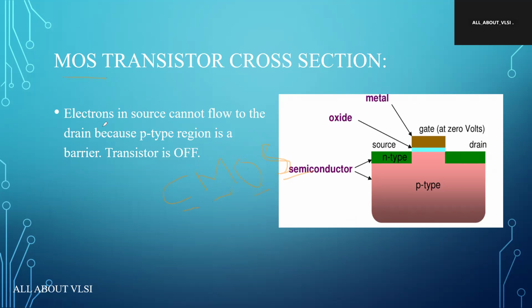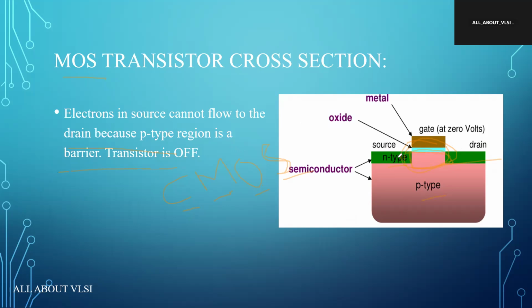So this is the MOS transistor. Which type is this? N, P, N, right? So observe here. Electrons in the source cannot flow to the drain because the P type region is a barrier. Observe this one. Here the whole thing is P type, right?